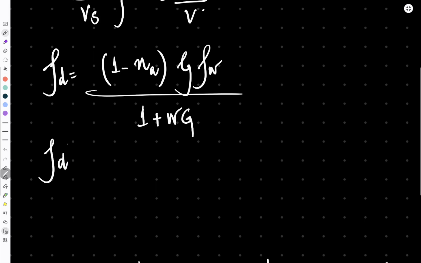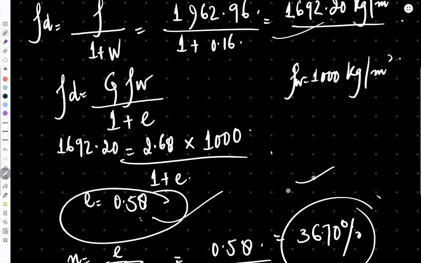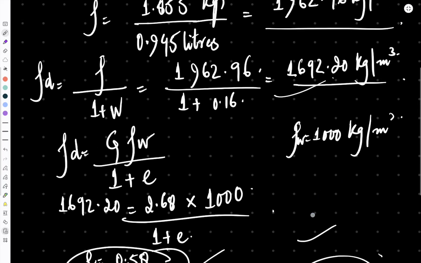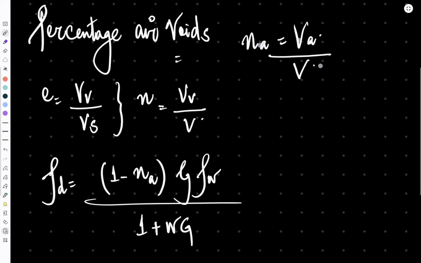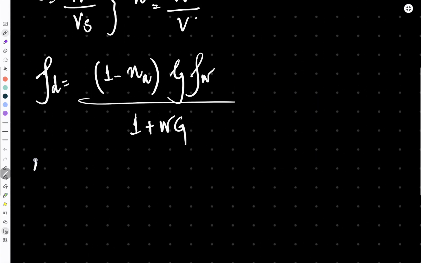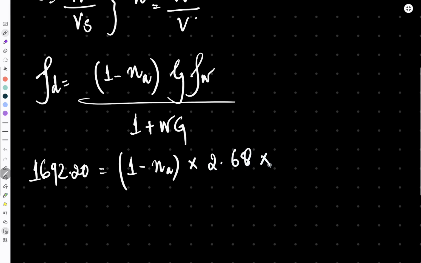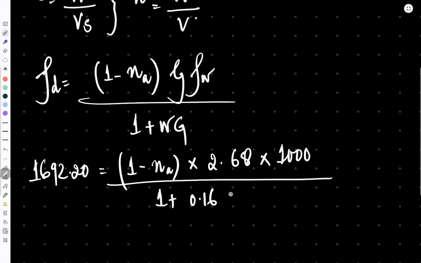Dry density we found out, how much was the value? 1692.20 kilograms per cubic meter equals (1 minus percentage air voids as it is) times G 2.68, density of water 1000 kilograms per cubic meter, divided by 1 plus water content 16% times specific gravity 2.68.